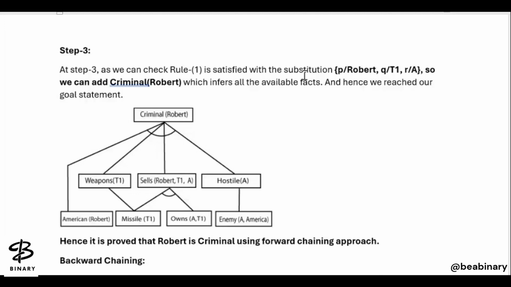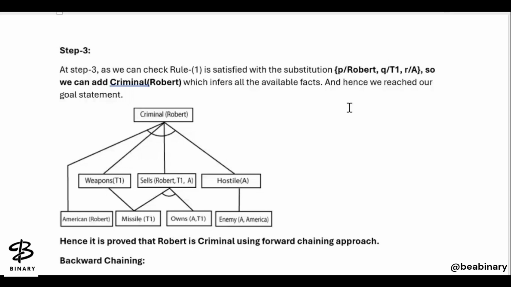Or simply here we are saying that country A has some missiles, right? Owns(A, P) for some missiles, right? Some missiles with the existential, it can be written in definite clause form by using existential instantiation and introducing a new constant T1 also. Here we have written that, right? Then all of the missiles were sold to country A by Robert only.